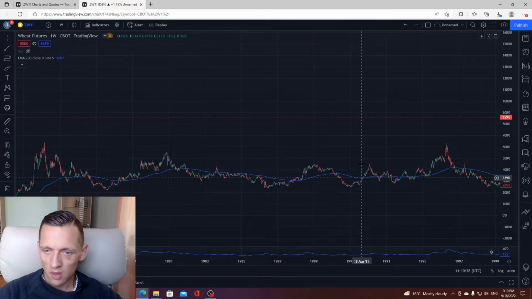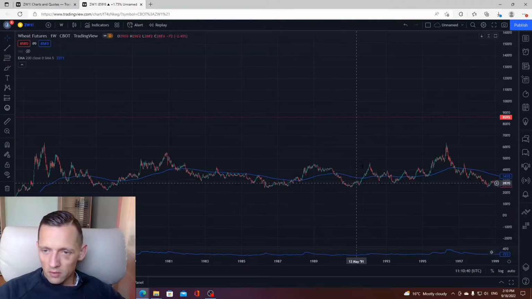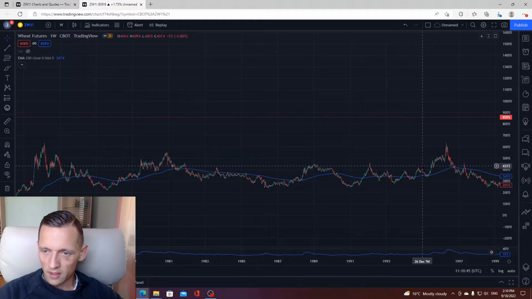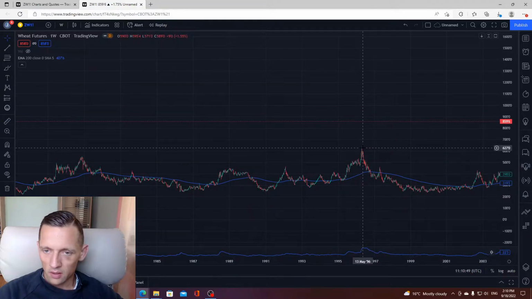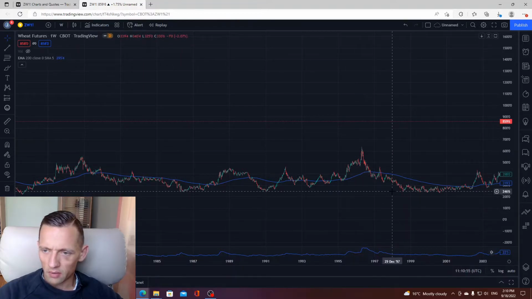Then it moved in one downtrend and ranged for an extended period from 90 up until 95, when it spiked in early 96 and then went downwards from 640 to $250 per bushel, where it stayed from September 98 for 4 years.